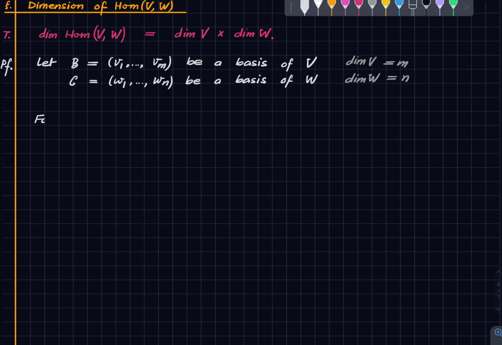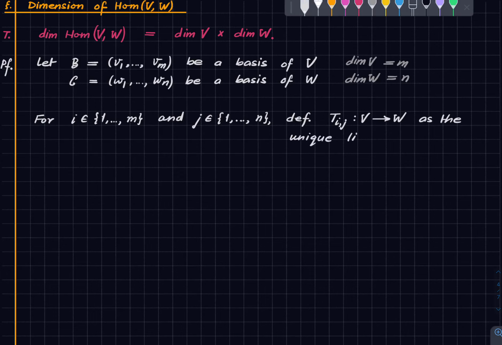So for i and j, define the map Tij as the unique linear map satisfying these equations.